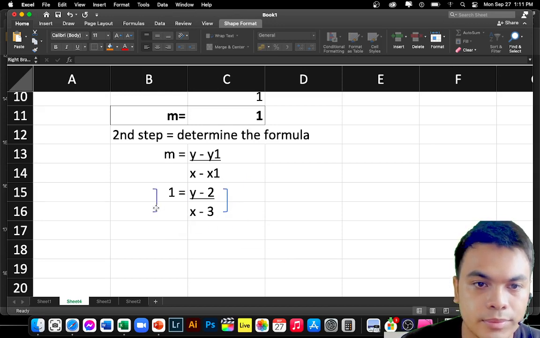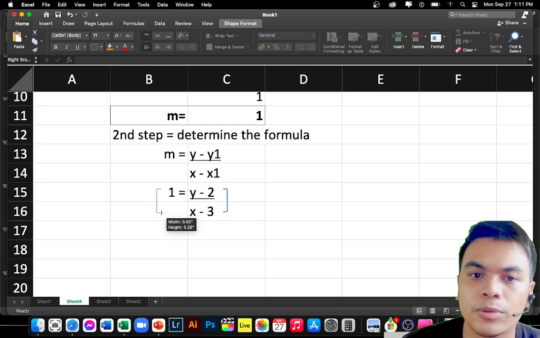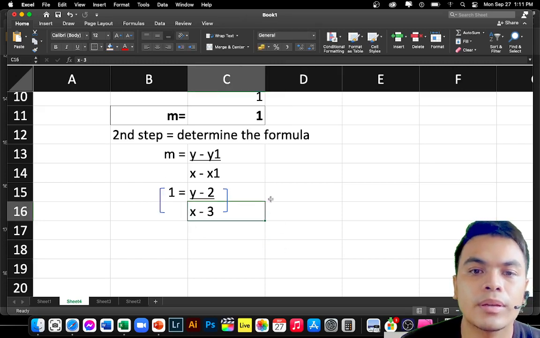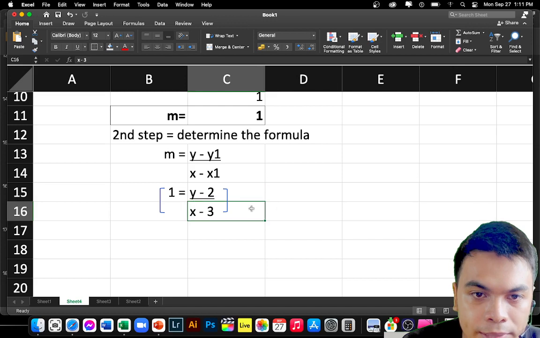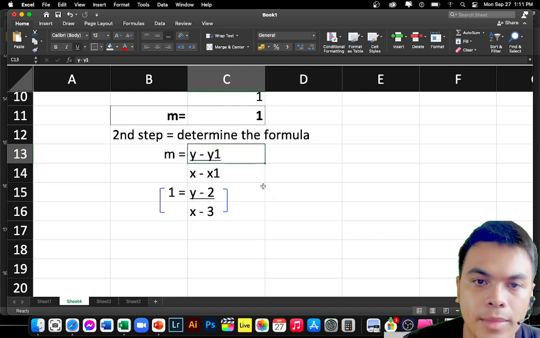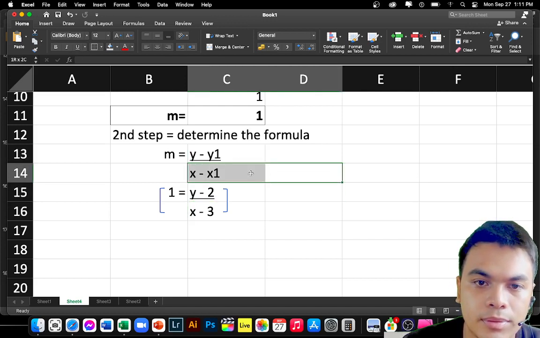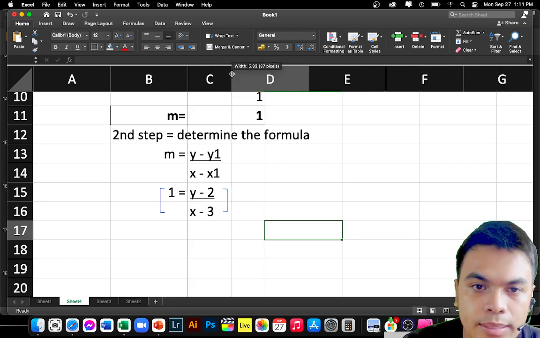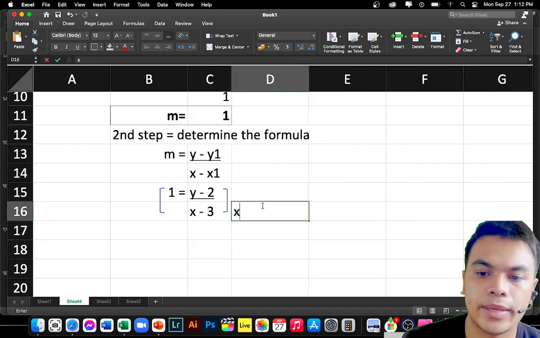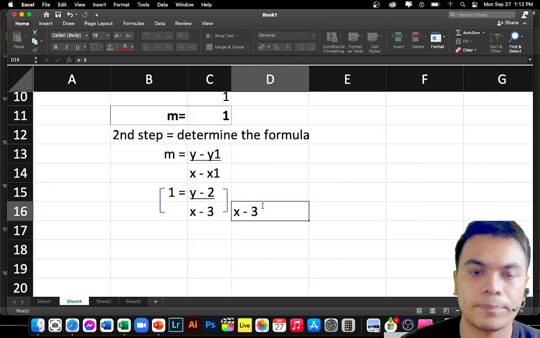Ayan. It's hard to do this computation using Excel. It's easier on paper. Multiply again by x minus 3. Okay?